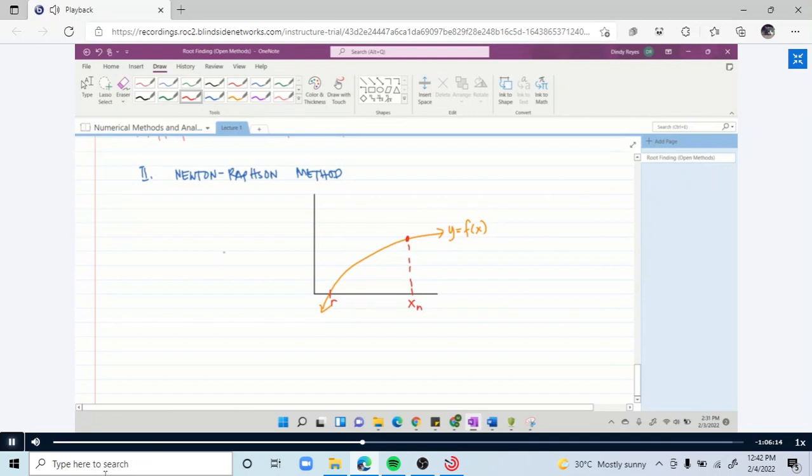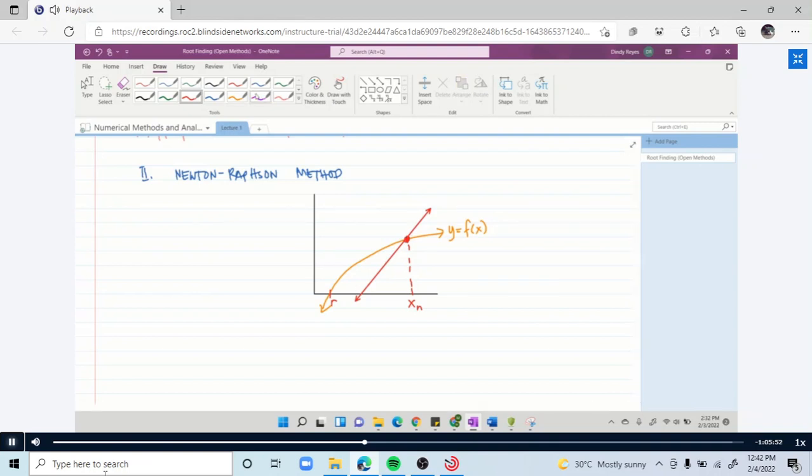Now, a line tangent to that or a line passing through that particular point at exactly once lang, no, is like this. Nag-pass through siya dun sa point na yun, no?